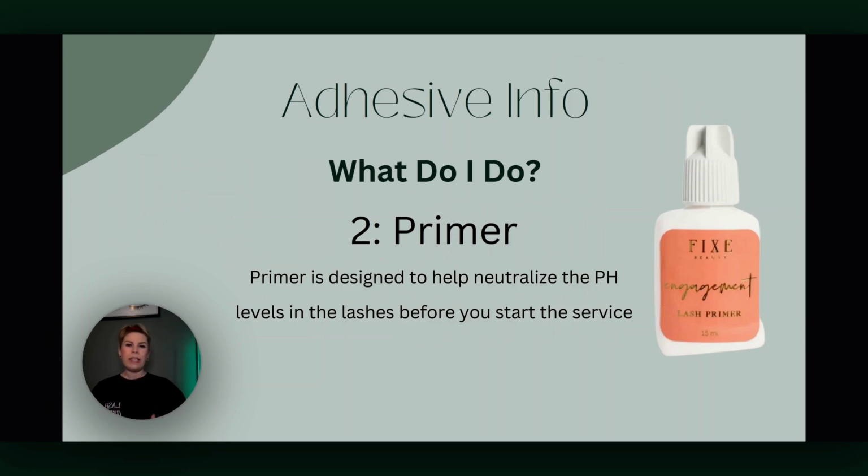And being able to identify the type of lashes a client has will come to you over time. But as a beginner, it could be really confusing to understand. Okay. I'm going to explain in a little bit here when to use primer and when not to use the primer. But being able to identify high porosity and low porosity levels of lashes is kind of the main thing.